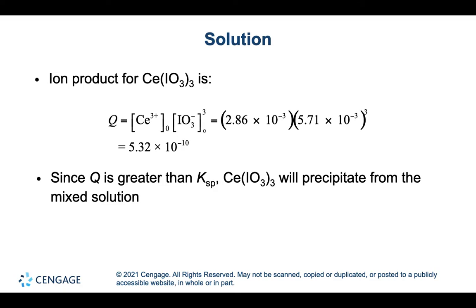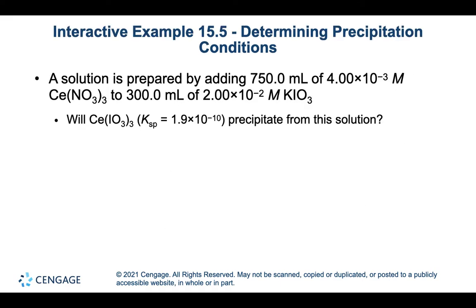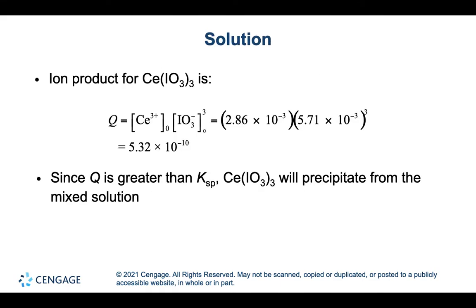They are over the solubility limit, and to correct, they will precipitate from the solution as Ce(IO3)3 until they bring their numbers down for aqueous ions in solution to 1.9 times 10 minus 10 for this calculation.